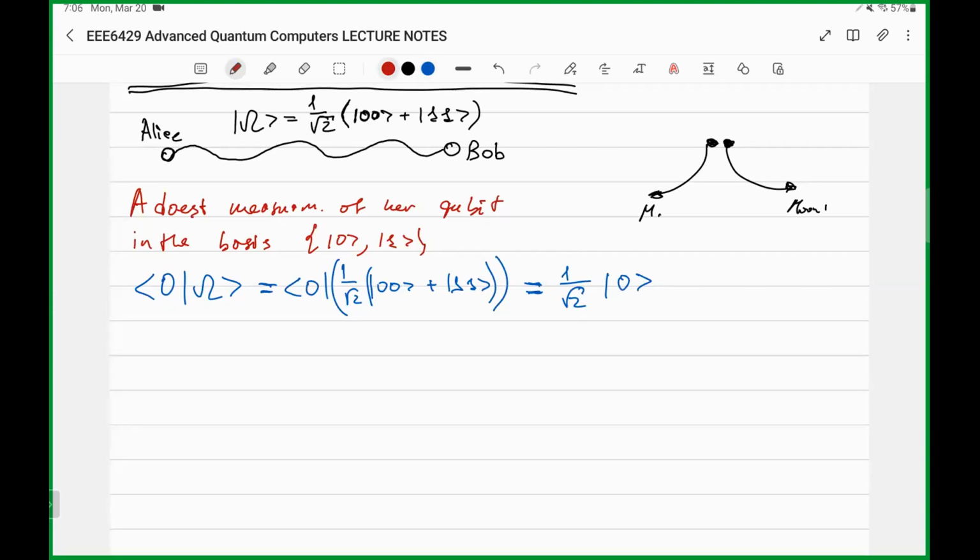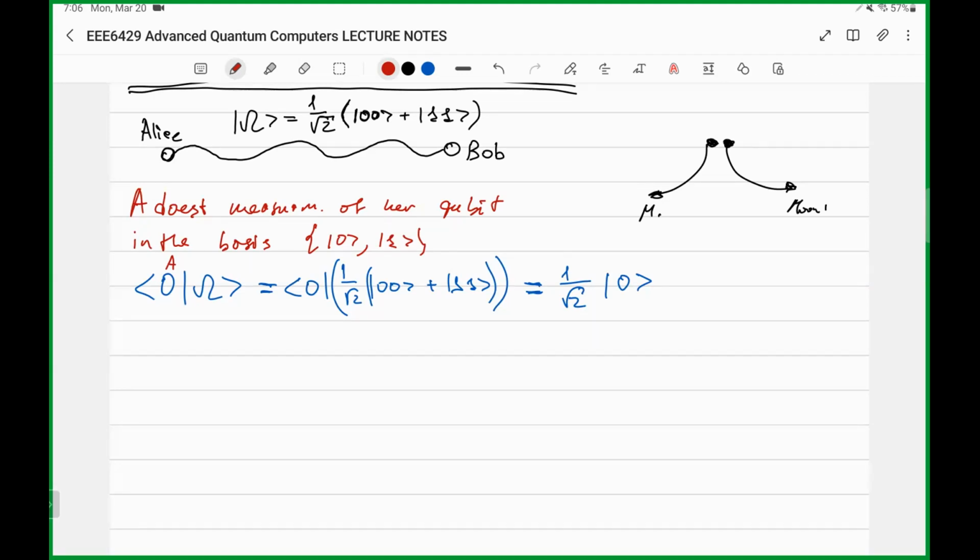Once again, this is the qubit of Alice. Alice does the measurement, and let's say she finds the result 0, and I'm calculating what would be the result of the measurement at Bob's side.